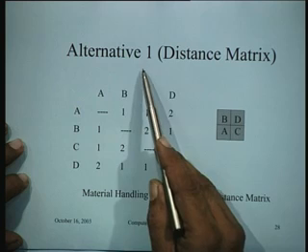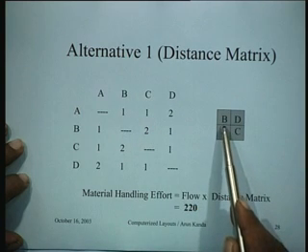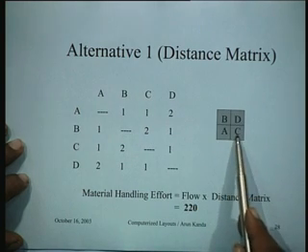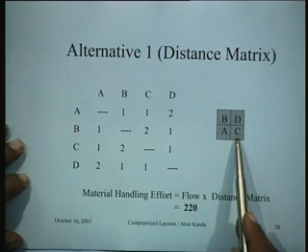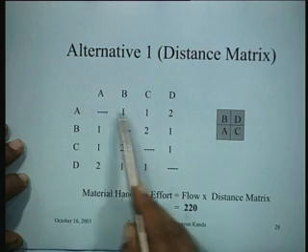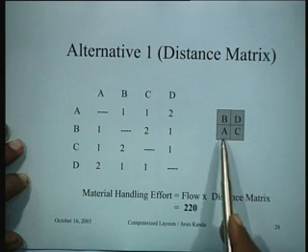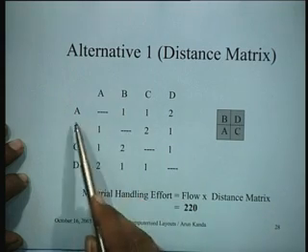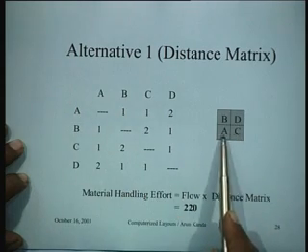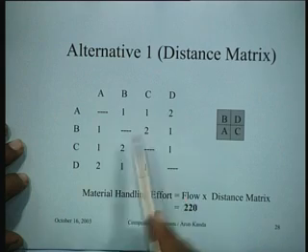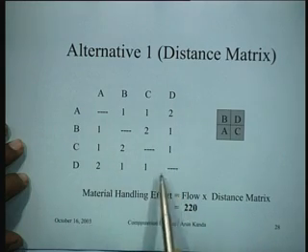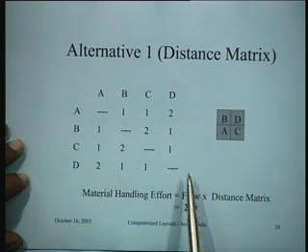For alternative 1, that means if we change the layout to B, D, A, C, it means simply that the distance matrix will now look like this. The distance matrix has changed because the distance from A to B, A to C is 1, but A to D is now 2, right? Similarly, other distances are as shown in this particular matrix.